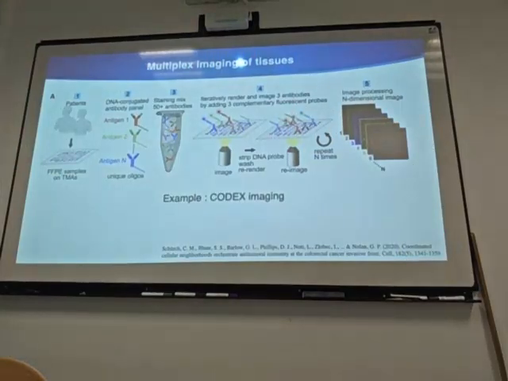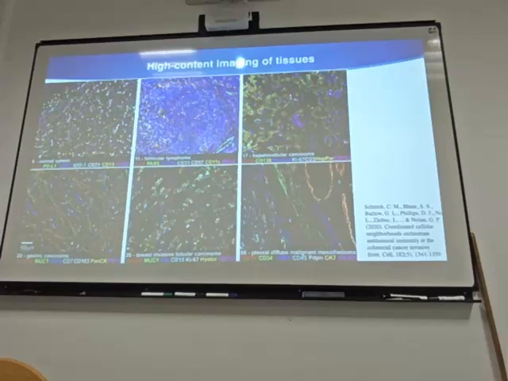So the only thing right now is that this type of imaging is still quite complex and not widely spread, but it becomes more and more distributed. And then you can obtain this type of multicolor images.